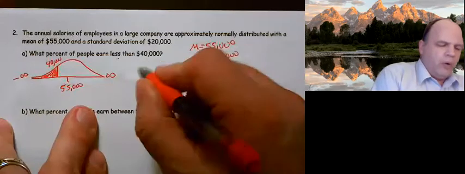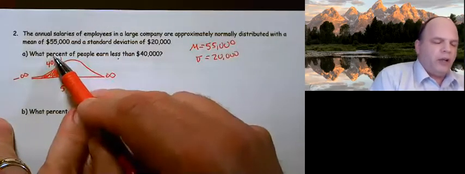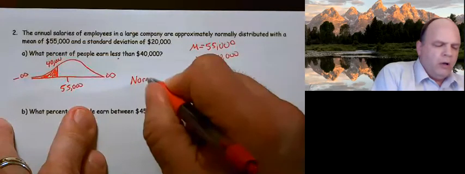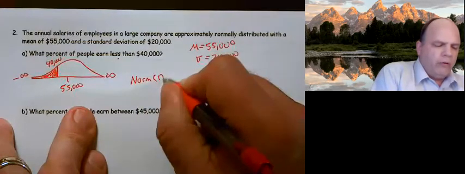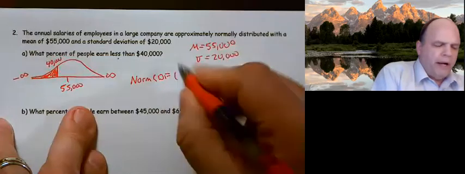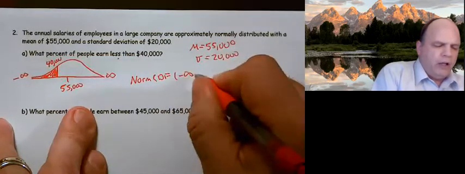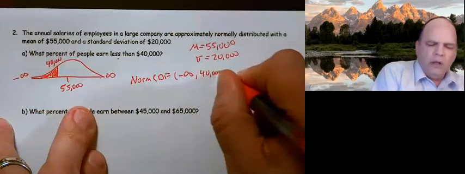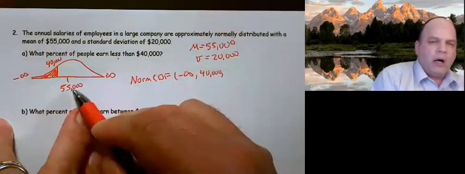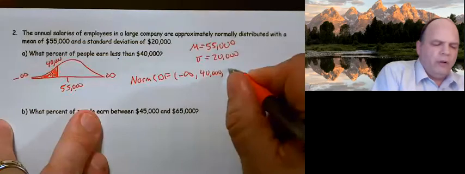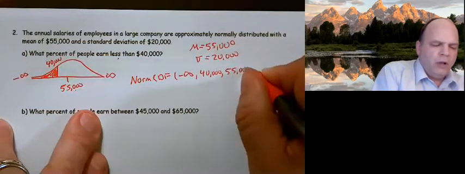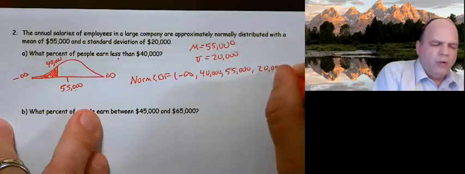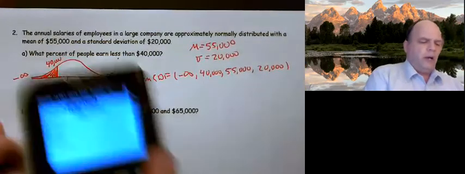And so since they're asking for a percent, it's a norm CDF: lower bound, negative infinity, upper bound, 40,000, mean, our mean is 55,000, and our standard deviation is 20,000. So let's go ahead and enter that.